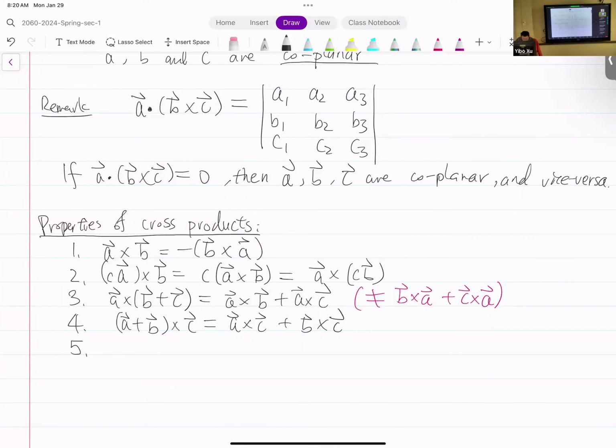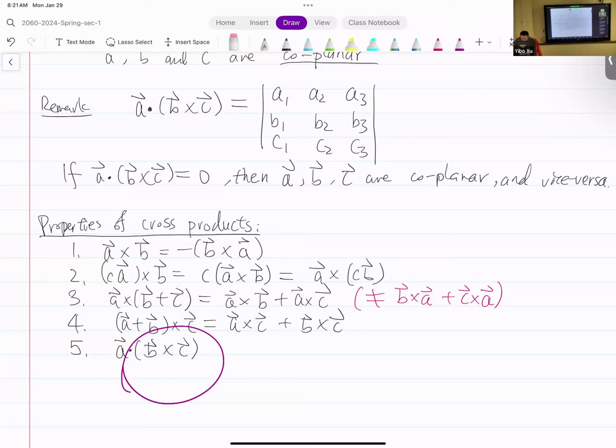Next one. A dotting with B cross C. So this is the formula that we use to calculate the volume of the parallelepiped, right? This is the one where you start with the plane formed by B and C. Now, if you think about it, why not form the plane from A and B and then do the cross and then dot with C?